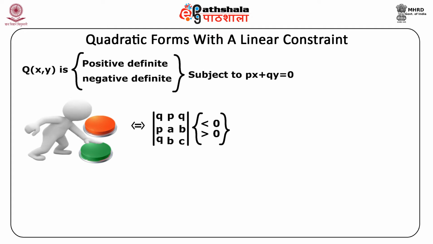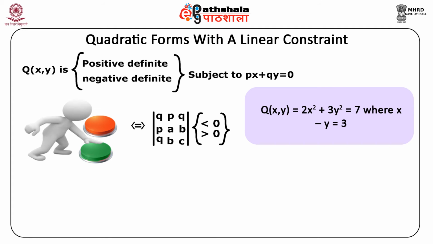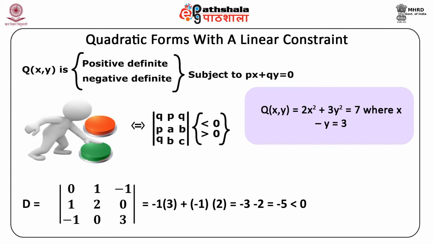To take an example, consider Q(x, y) equal to 2x square plus 3y square, subject to x minus y equal to 3. Here determinant D is equal to the determinant of 0, 1, minus 1; 1, 2, 0; minus 1, 0, 3, which is equal to minus 1 into 3 plus minus 1 into 2, which is equal to minus 3 minus 2, which is equal to minus 5, which is less than 0, implying Q to be positive definite.